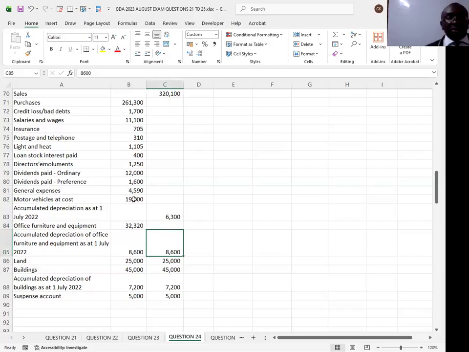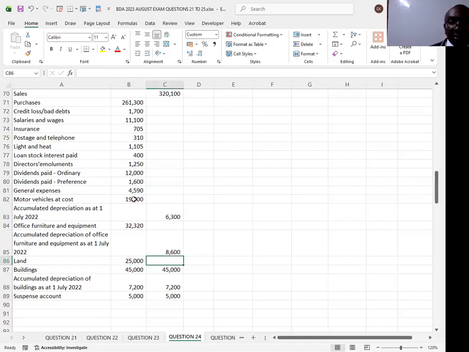Accumulated depreciation. That is also credit. Land. Land, where does it belong?